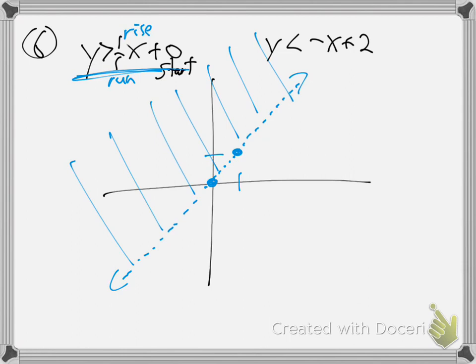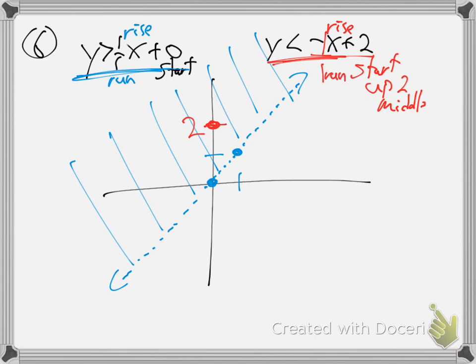Okay, now the other side, this one, let's start up 2 in the middle. So 1, 2 right there. And then where do we go from there? What fraction? Yeah, negative 1 over 1. Rise over run. That negative 1 that's in front of the X, make that negative 1 over 1.